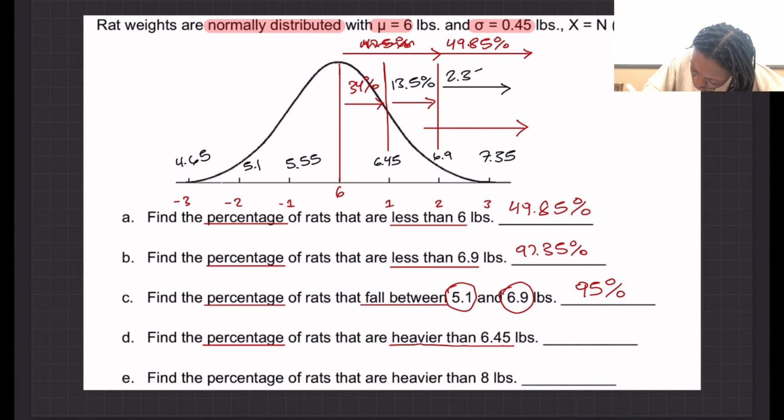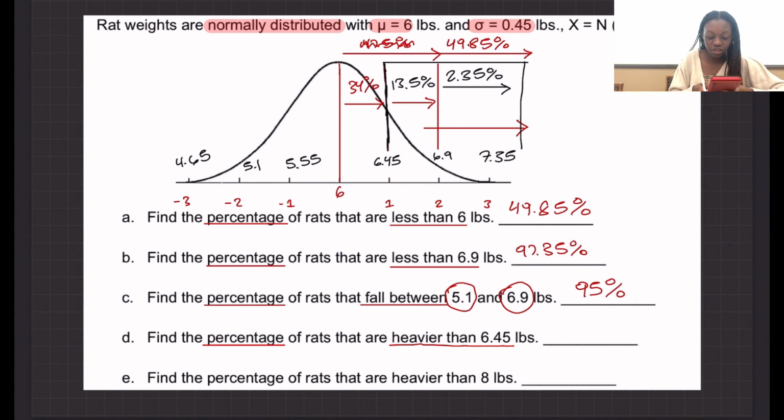So here to here is 2.35%. And ironically, it gets the biggest line. This is not drawn to scale. It's 2.35%. So heavier than 6.45 means all of these numbers that fall under this black arch.